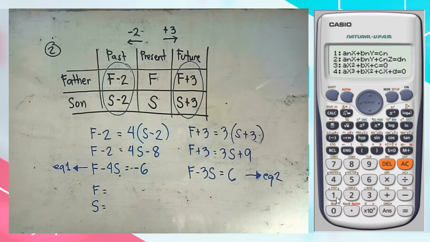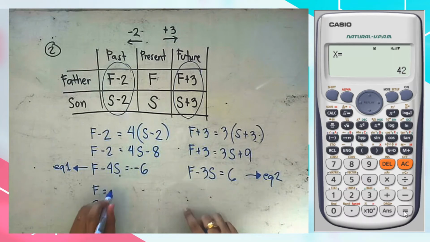So 2 equations to, so input ko lang yung equation na ginawa ko. So that is 1, negative 4, and then 6, negative 6, and then yung equation 2 ko is 1, negative 3, and then 6. So, ang bibigay ng sagot.